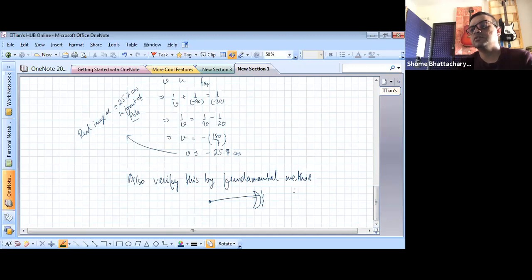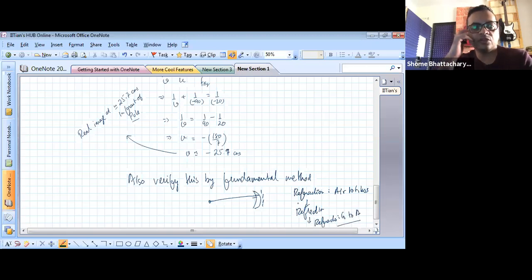So refraction from air to glass, followed by reflection, followed by refraction from glass to air. Just verify by solving by this method. Yes, Uday, so the answer is correct. Somadeep and Ganesh also, you got the right answers.